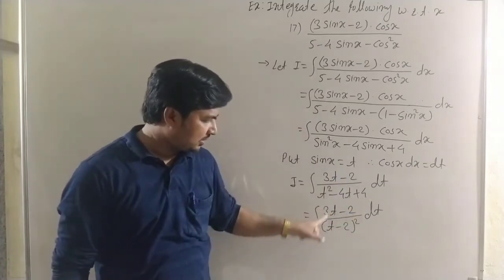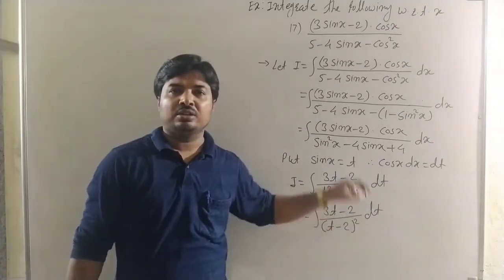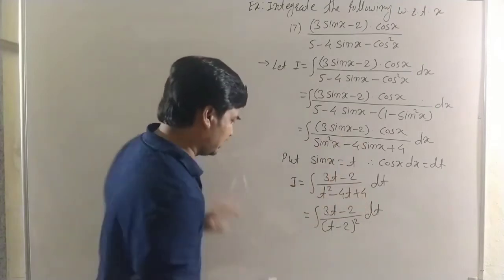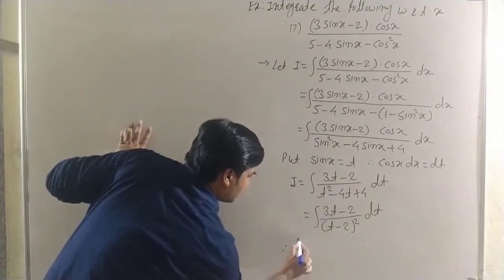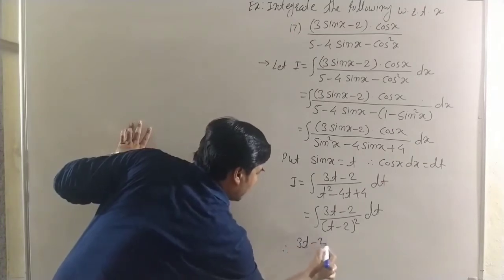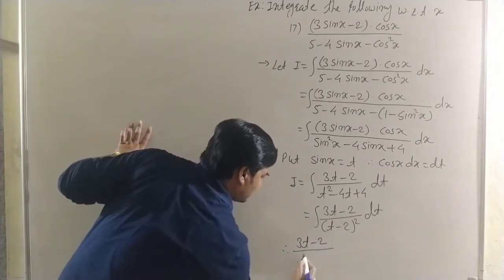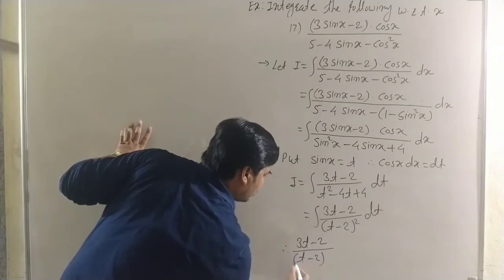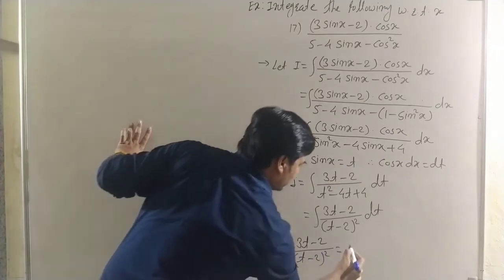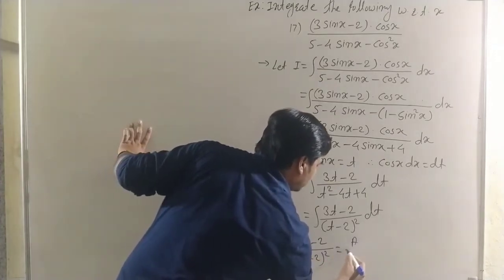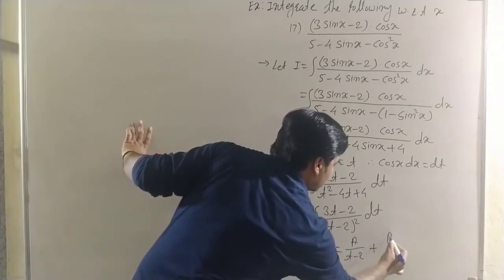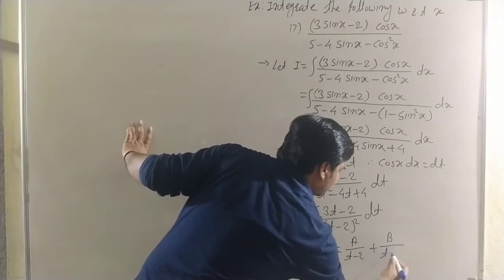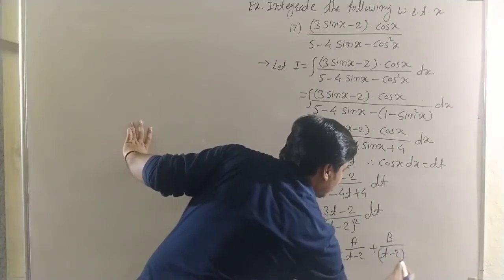Here it is a rational function, and therefore we can write 3t minus 2 upon t minus 2 whole square equal to a upon t minus 2 plus b upon t minus 2 whole square.